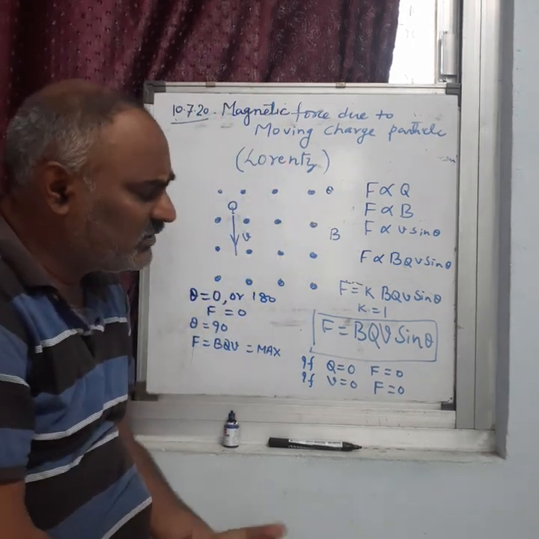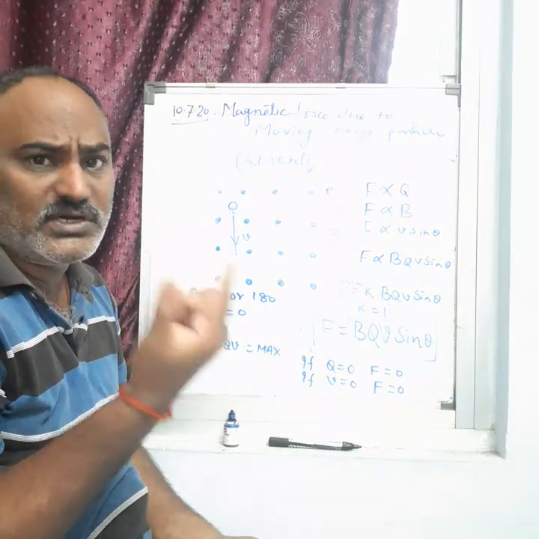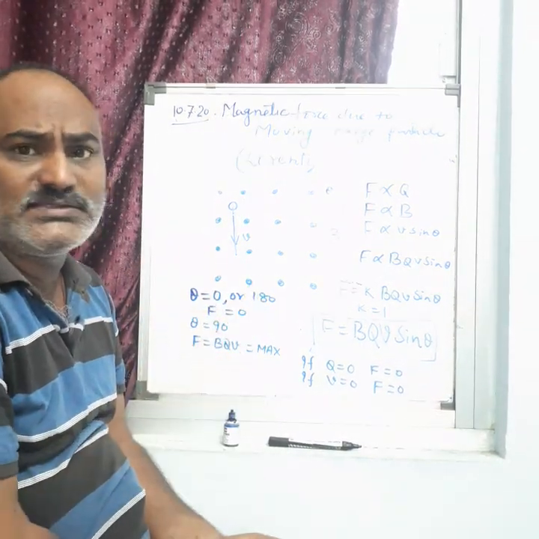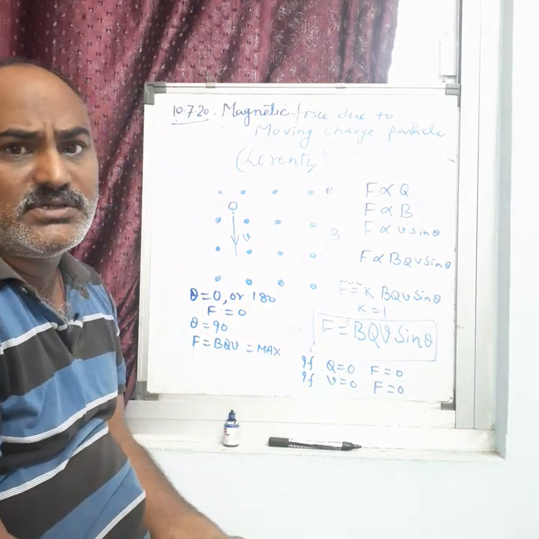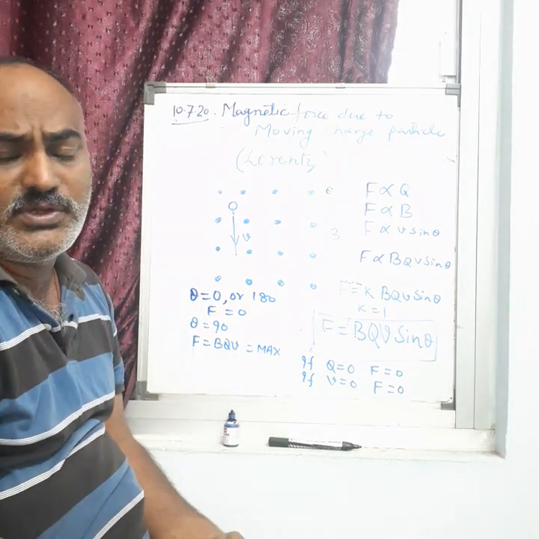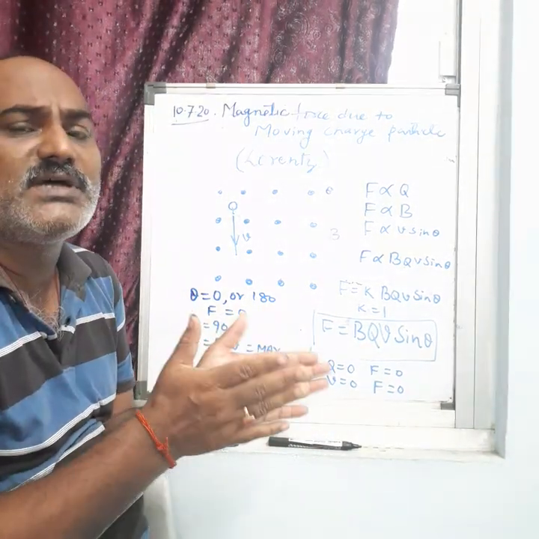In this video I discussed the magnetic force due to a current flowing wire, F equals BIL sin theta, and second, the magnetic force due to a moving charged particle, F equals BQV sin theta, and how the magnetic force depends on the factors.